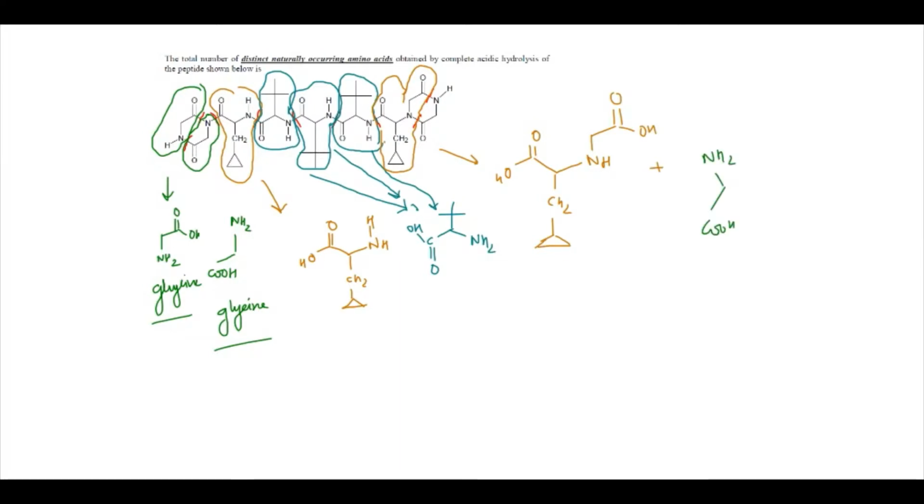So we can see here that the only naturally occurring amino acid that can be found is glycine. So from this peptide we can get only one naturally occurring amino acid. All the other amino acids that are formed are not naturally occurring ones.